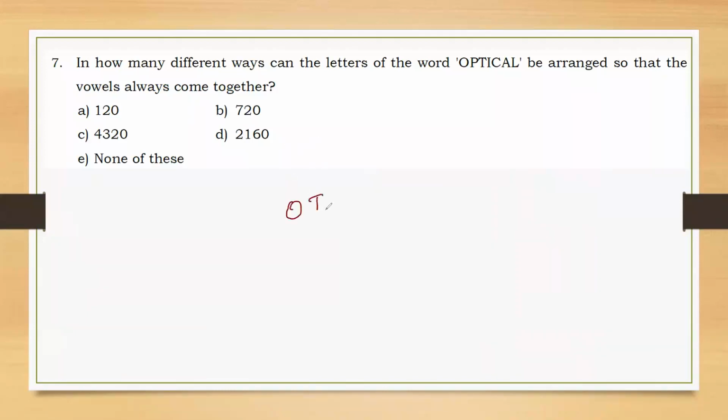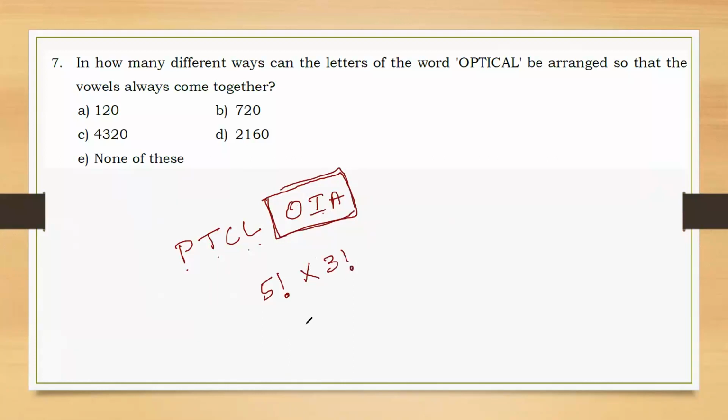So O, I, A. Remaining we have P, T, C, L. So 1, 2, 3, 4, and 5. So 5 factorial. Okay. Then inside the box we have 3 letters. So to arrange 3 letters we have 3 factorial.